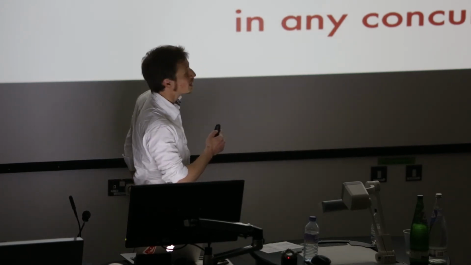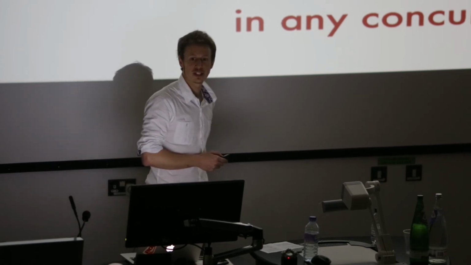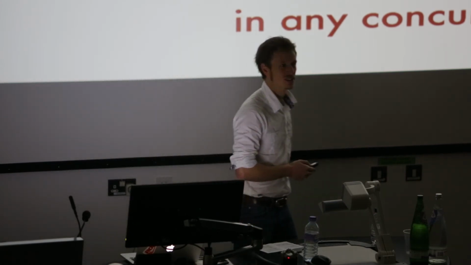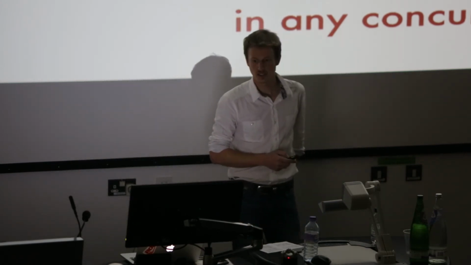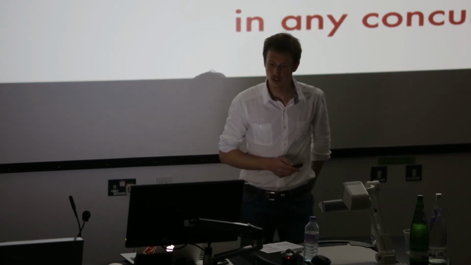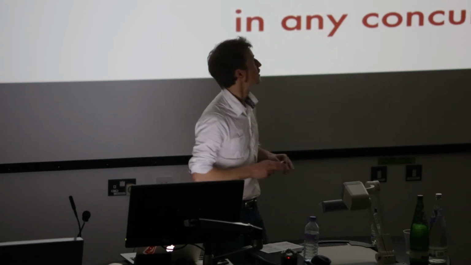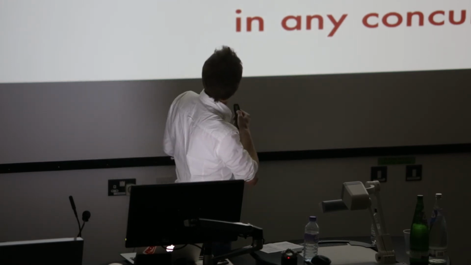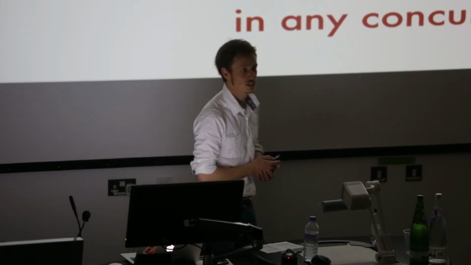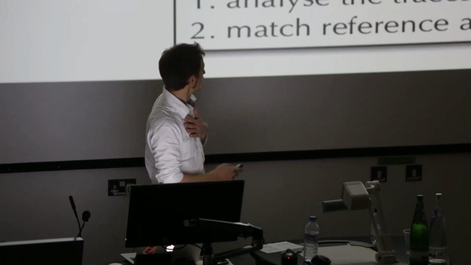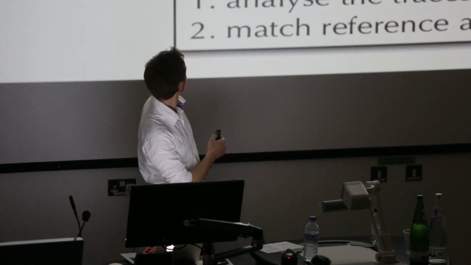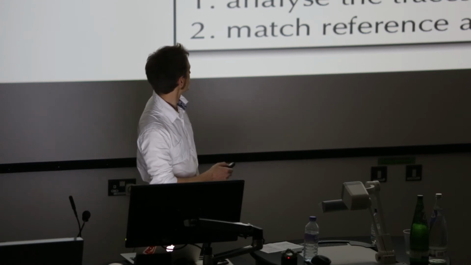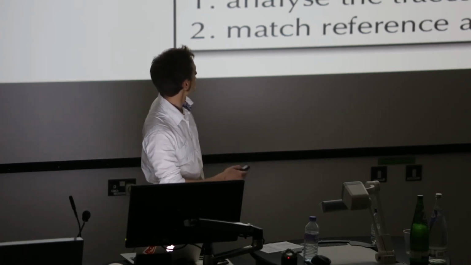For the reference semantics, well, we don't have a reference semantics for C, unfortunately, not yet at least. And so what we can do is compile it, cross our fingers, compile it at O0 with GCC and Clang, and then again get a trace by binary instrumentation. And then we wrote a tool that can analyze the traces to detect eliminable actions and match the two traces.